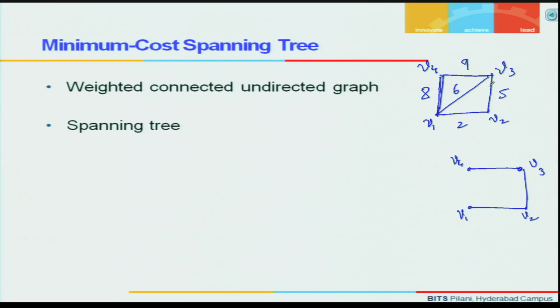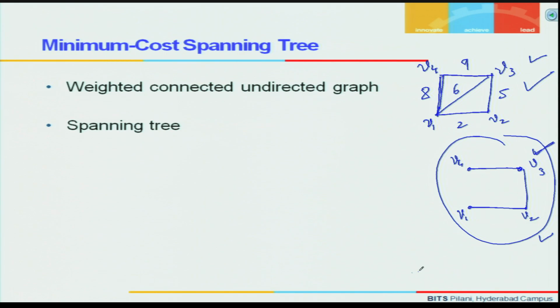It is very much a tree because this particular subgraph is not having any cycles in it. There is no cycle in it. And let us examine whether it is a spanning tree or not. To check whether it is a spanning tree or not, we have to see that all vertices of the graph that we have got should be covered in this particular tree. Yes, V1, V2, V3, V4 vertices are there in the graph that we have got, and all of them are there in our tree also. Hence this particular subgraph is qualified to be called a spanning tree.